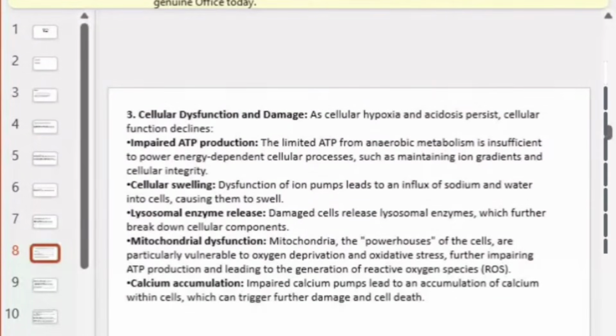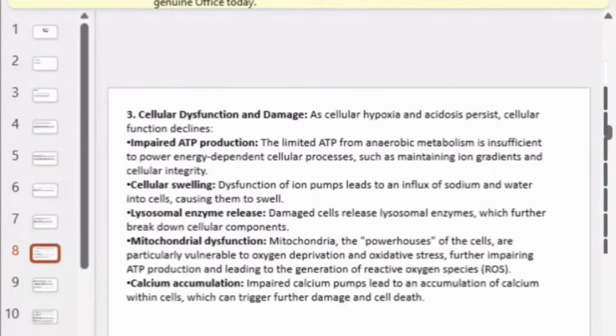Here the tissues are starting to get affected. Under the fourth step, the compensatory mechanisms will start taking place, whereby the body attempts to compensate for the reduced perfusion, for that inadequate blood flow along the circulatory system.